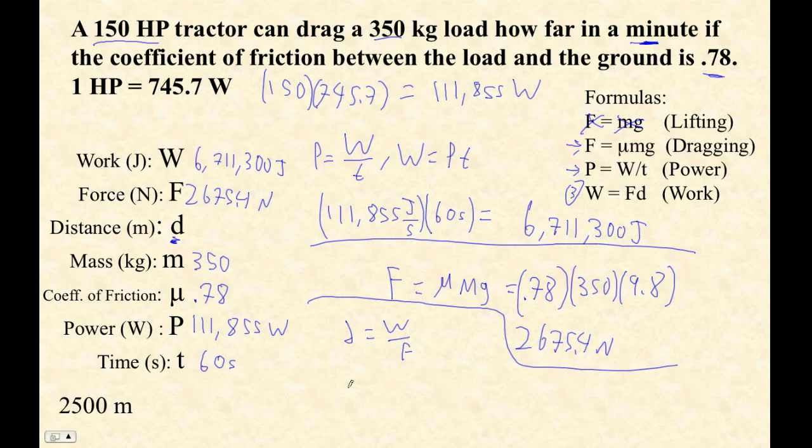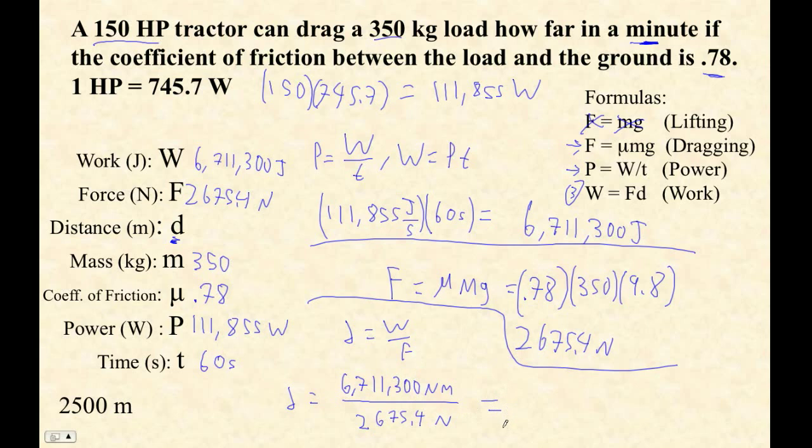So the work is a lot. 6,711,300 newton meters divided by, let's see, force is 2675.4 newtons, right? So our distance should be that divided by that, right?